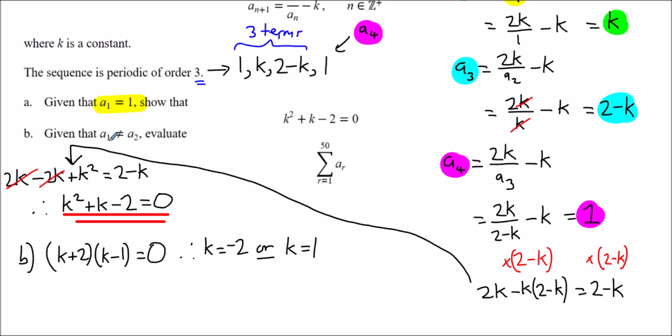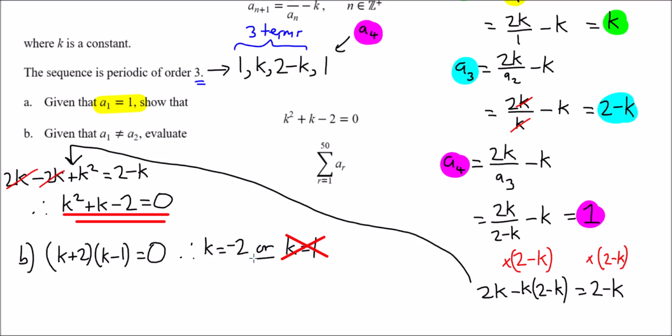Now, we were just told that a1 can't equal a2. If k did equal 1, then this sequence here, 1, k, 2 minus k and 1, the second term would be 1 because k is 1. So actually we have to reject this idea that k can be 1, because if it were, the second term would be 1, which isn't allowed.